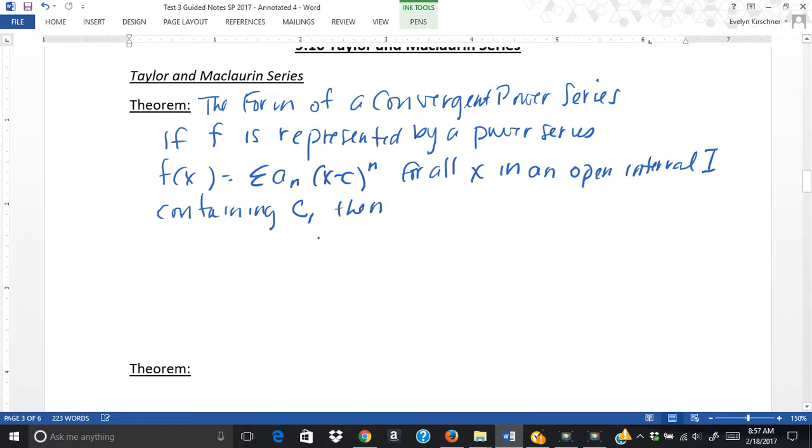Then we know that each coefficient a sub n is the nth derivative of the function evaluated at c over n factorial.